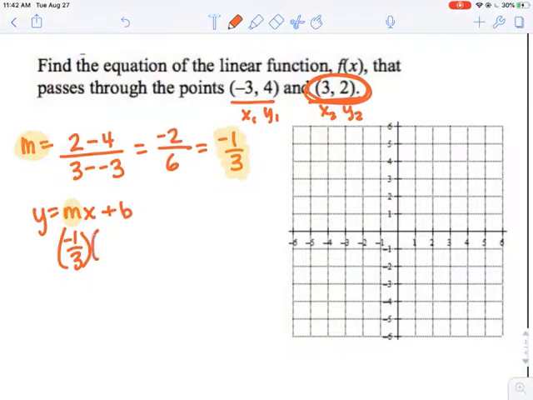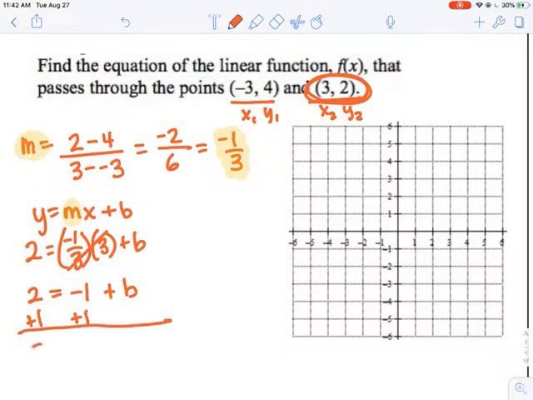So I'm just going to substitute in my x as 3, my y as 2. Strategically, that's also going to help because I can now cancel 3 over 3. We'll cancel out and leave me with just negative 1 plus b equals 2. Adding 1 on both sides, I get 3 equals b. So my equation, I'm going to have y equals negative 1/3 x plus 3.